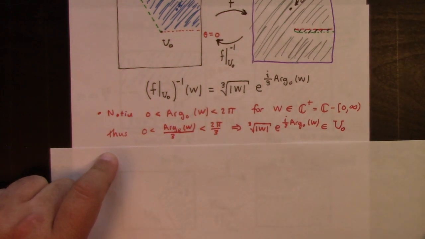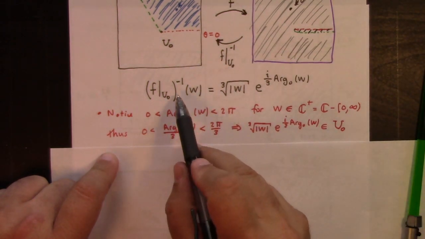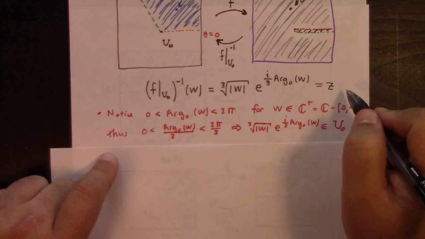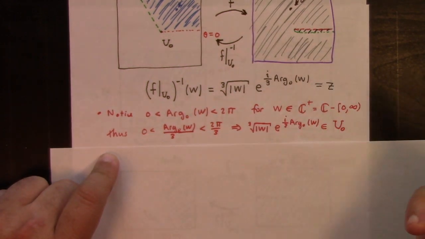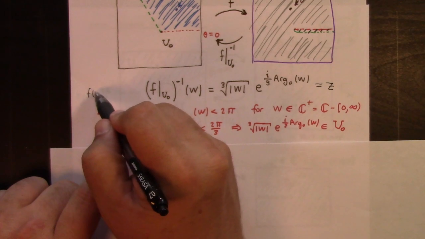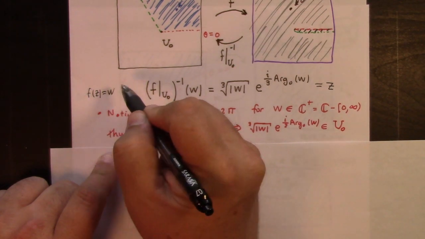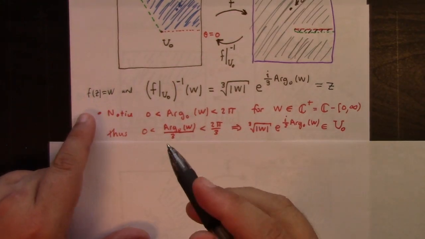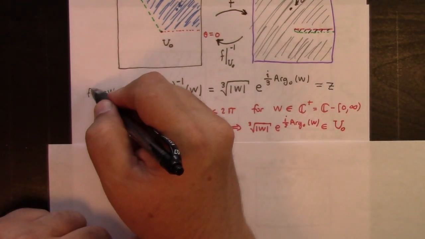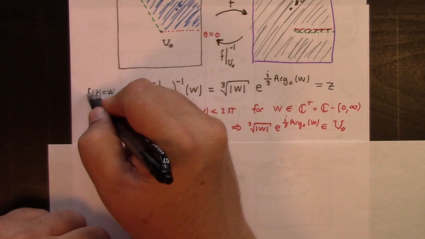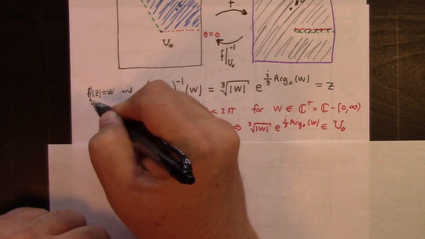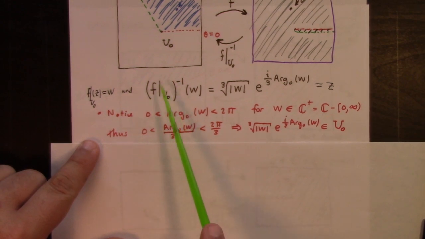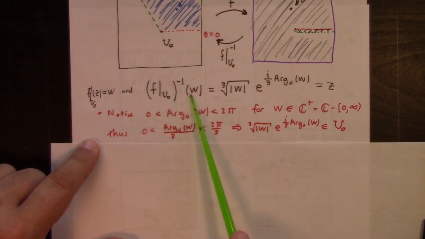The idea here is that the inverse image of w should be equal to z. We want f of z equal to w, and now I've used f here, but to be more pedantic, it's f restricted to u naught. F restricted to u naught of z equal to w, then the inverse of f restricted to u naught, applied to w, is equal to z.